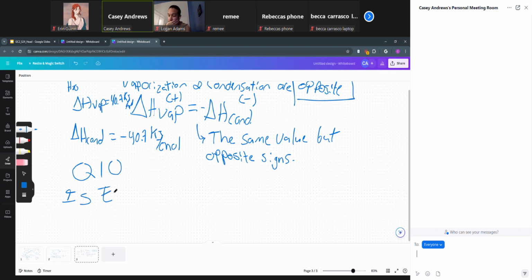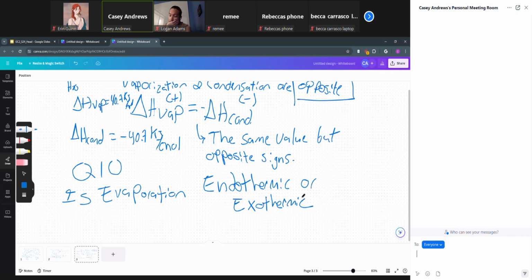Is evaporization endothermic or exothermic? I want people to think about that for like 10, 15 seconds. Remember what those terms mean. Is it endothermic or is it exothermic to evaporate something?